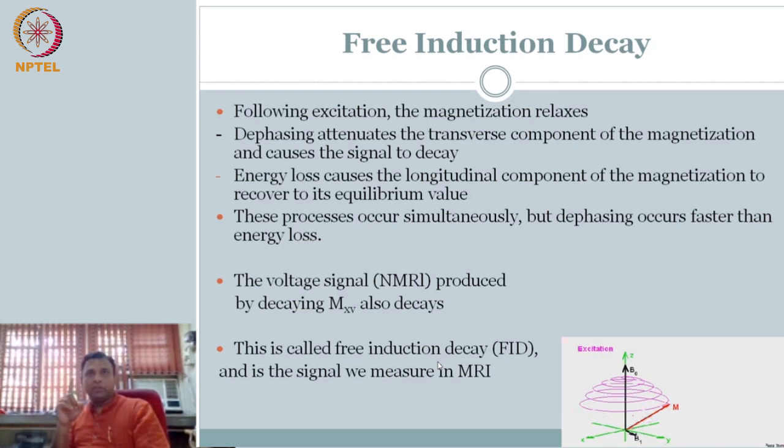Remember the relationship between omega and B naught. If I increase my B naught, omega is going to increase. So if a small imperfection makes the B at that location greater than B naught, due to the static field, then that is going to have slightly more Larmor frequency. The other one, if it is slightly less, is going to have less.